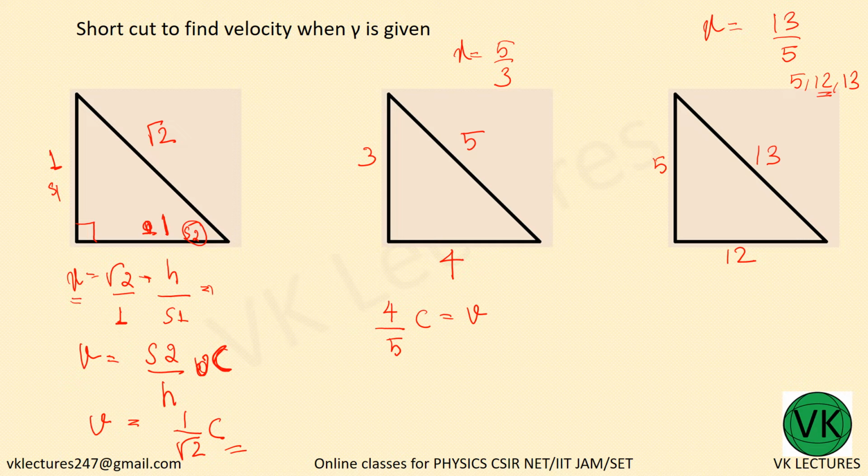So what is the speed of the particle? V is equal to 12 divided by 13 into c. So this is the speed of the particle which is moving, so that gamma is equal to 13 by 5.